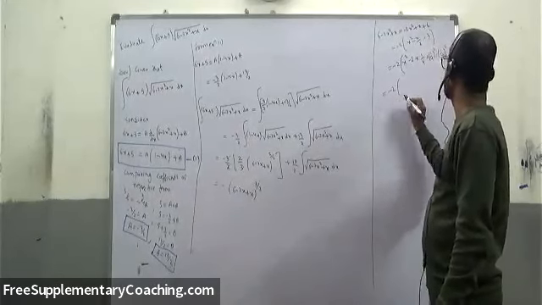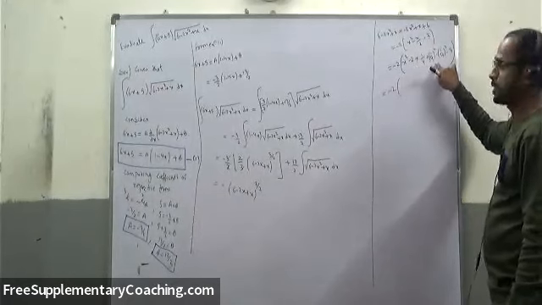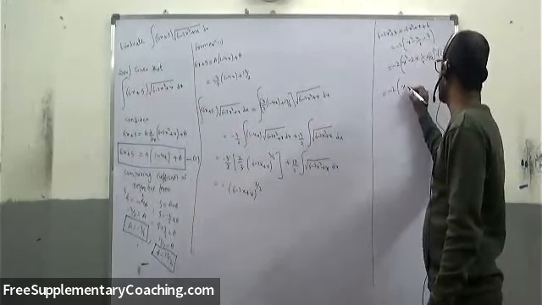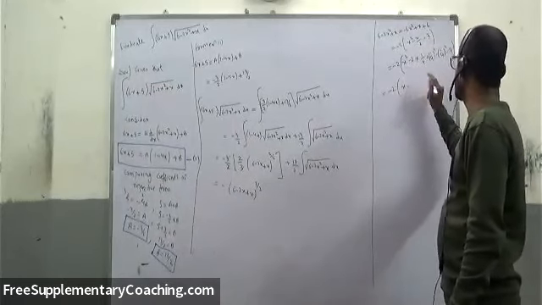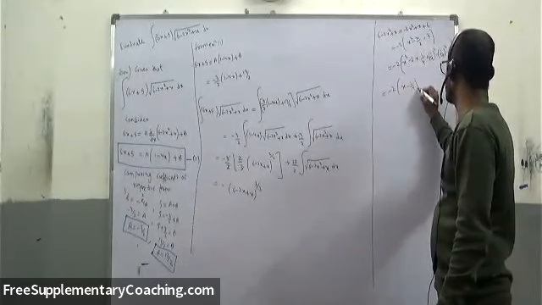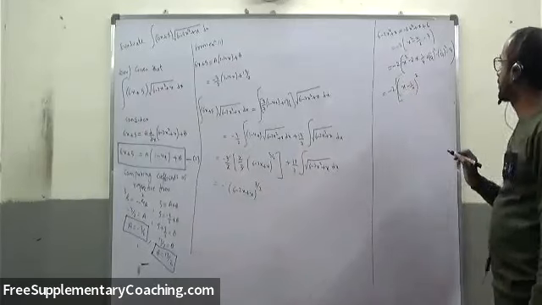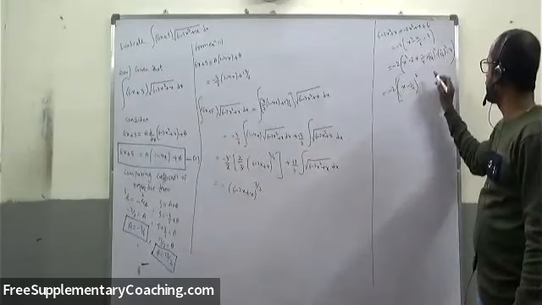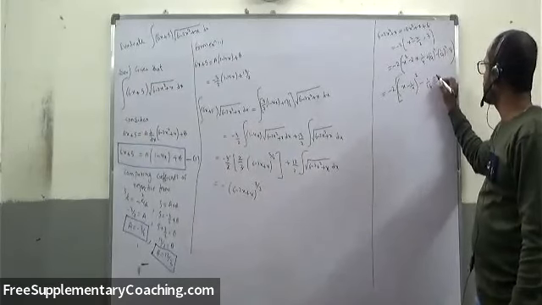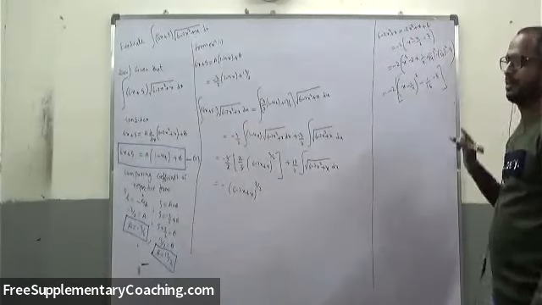Now I can write minus 2 times a square minus 2ab plus b square, which is a minus b whole square, that is x in the place of a, minus as it is, and b is 1 by 4, squared. Now minus 1 by 4 square, that is 1 by 16, minus 3. This minus 3 stays as it is.